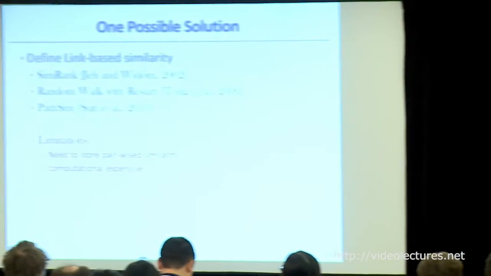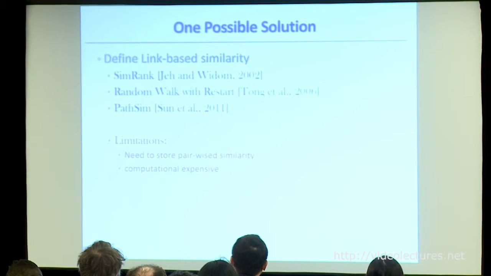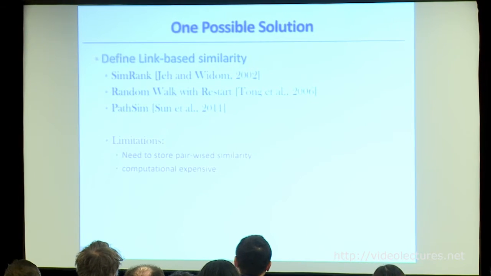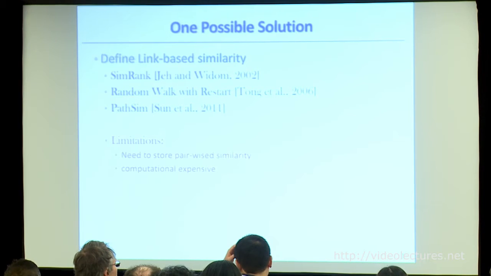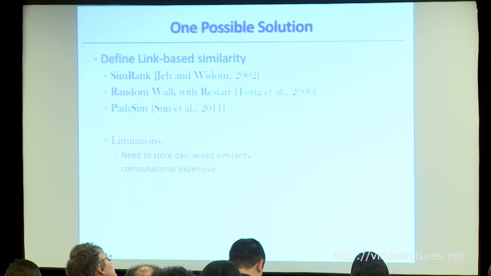One possible solution, and a very frequently explored one, is to use the links directly to define the similarity. There are a bunch of very famous works, for example, SimRank, right? We define similarity between two nodes if they share some common friends or similar friends.